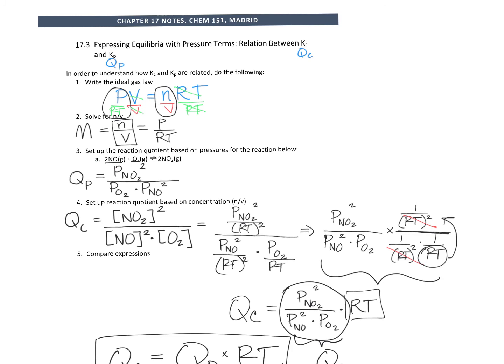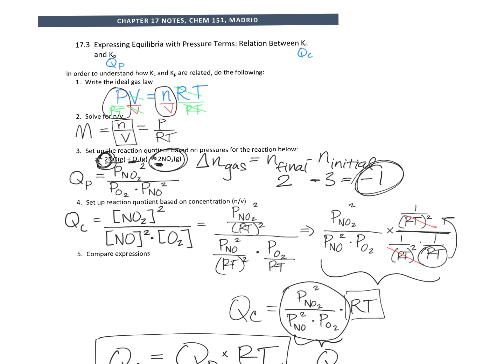If I wanted to calculate, and this makes a difference, the number of moles of gas that have changed, basically final minus initial, I'm going to look at the number of moles of gas on this side, which is 2, looking at the coefficient, minus the number of moles of gas on the left-hand side, which is 3, since 2 plus 1 is 3. So that is equal to -1. My delta N is -1.